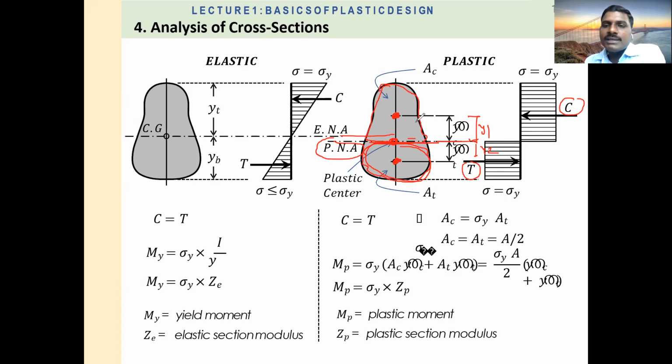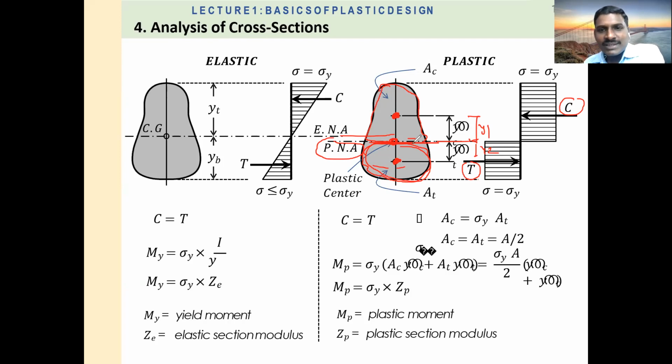when your member is in the elastic zone, after removing the load, that member obeys Hooke's law. It means it regains its original shape and size. But once your member goes into the plastic zone, it does not come back to that shape, so the shape of your body is changed. Once the shape of the body changes, will your neutral axis remain at the same place? It will not remain. It shifted downward.